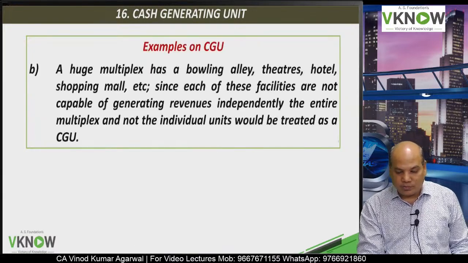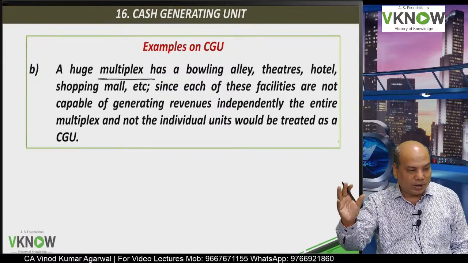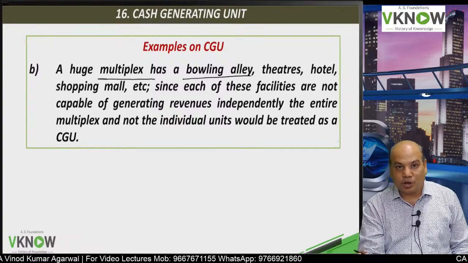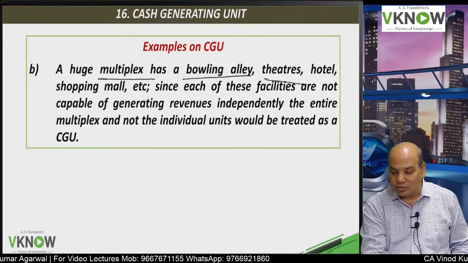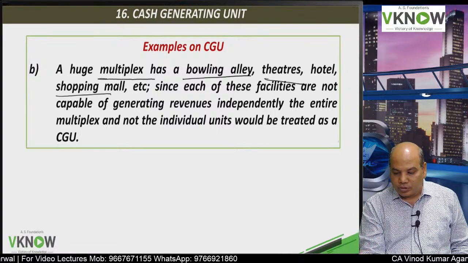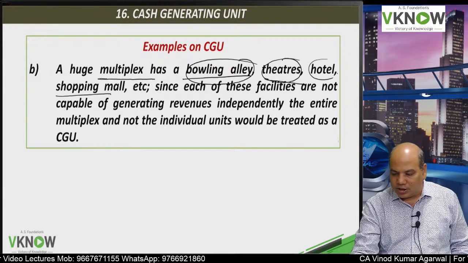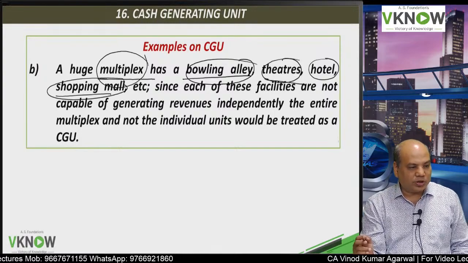One more example we'll take. Suppose you go to a multiplex, megaplex, where you will find a lot of sports activities, bowling alley, theater, hotel, shopping mall, all under one roof. Whether these will be treated as CGUs or the whole multiplex will be the CGU.